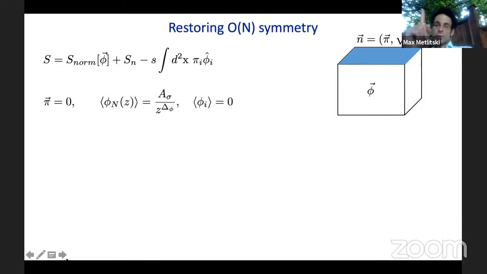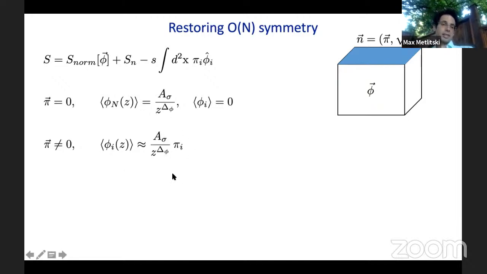Now let's imagine that we rotate n slightly away from the North Pole, right? So we allow for a small constant value of pi. Then in the bulk, we should acquire a transverse component of the order parameter proportional to pi in precisely this manner. But I can also try to describe this using perturbation theory in pi, using this coupling.